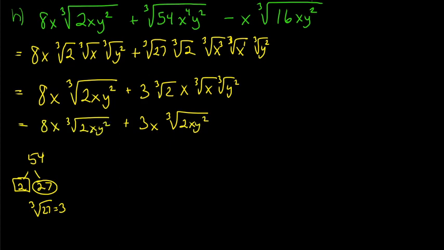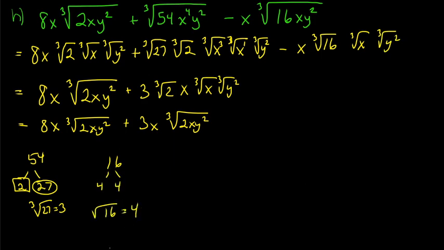Right. And then the last term here, we have x cube root of 16, cube root of x, cube root of y squared. So what do we do with the 16? Well, I hope you're not thinking 4 times 4, right? That would be the square root of 16, would be 4. This is a cube root. So how about 8 times 2? Right? Because the cube root of 8 is just 2.